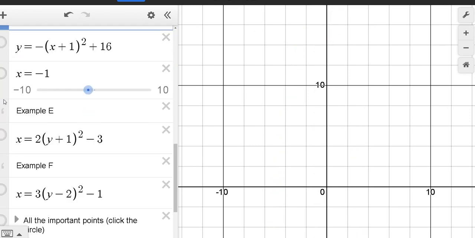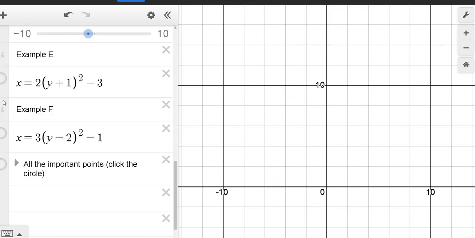All right. Let's move down to example E. What's different about example E than some of the graphs you've dealt with before? Opening to the right instead of up or down.